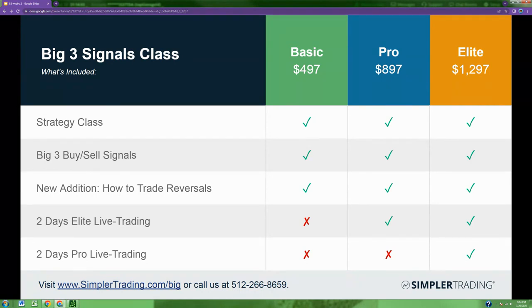Give me a 5-minute chart with a buy signal, I'll buy a dip to the 5-minute 21. So ultimately, Bucky, you as the trader will figure out how you can best use these signals with your strategy. But that's the whole goal of the strategy class on Saturday in our live trading. I'm going to show you guys what I'm doing with these signals for longs and shorts. And yes, a lot of that, outside of the reversals, which we're going to talk about in that bonus class, is trading squeezes or buying the dips, or shorting the rips, of course.